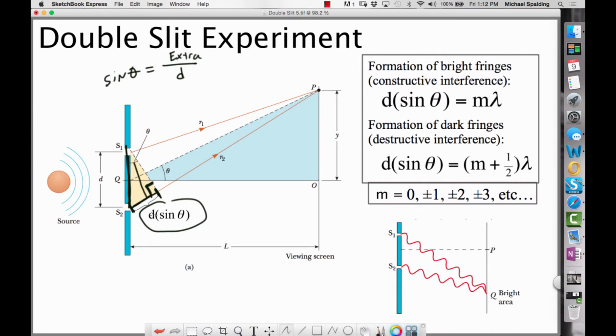Okay? Now, for point P up here to be a bright spot, also known as a maximum, what has to be true about the extra distance traveled in order for the waves to end up in phase? What does the extra distance traveled need to be?